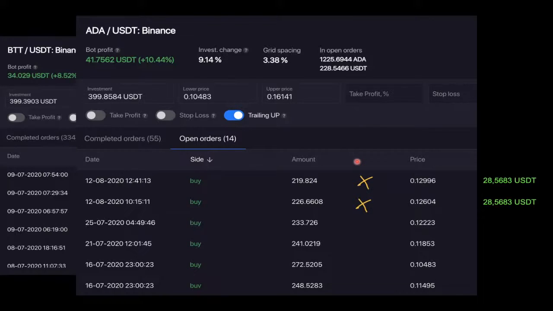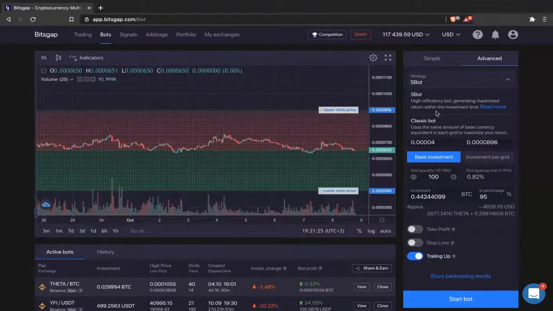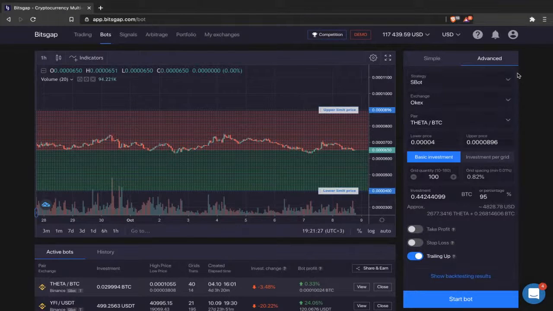But at least here we understand that with the Classic bot, there is a possibility that the algorithm will spend a bit more than the investment you allocated to it, and if the price eventually goes higher, then you will get more returns compared with the SBot.